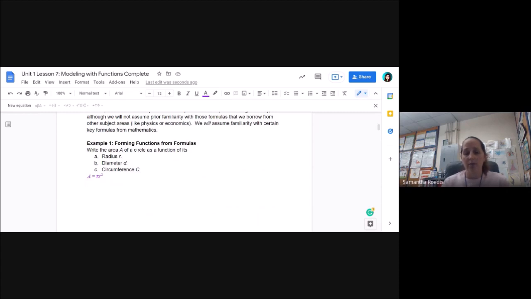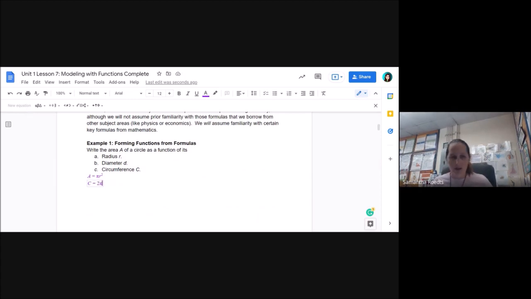So we know that the area of a circle is pi r squared, and we know that the circumference of a circle is that. We know the radius is d divided by 2, so the diameter divided by 2.